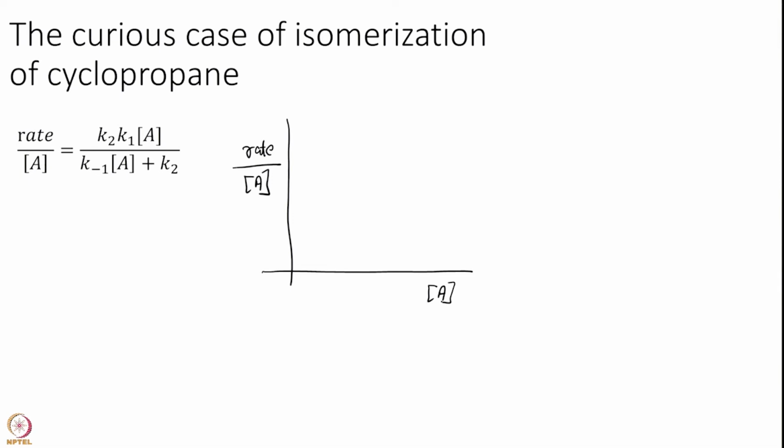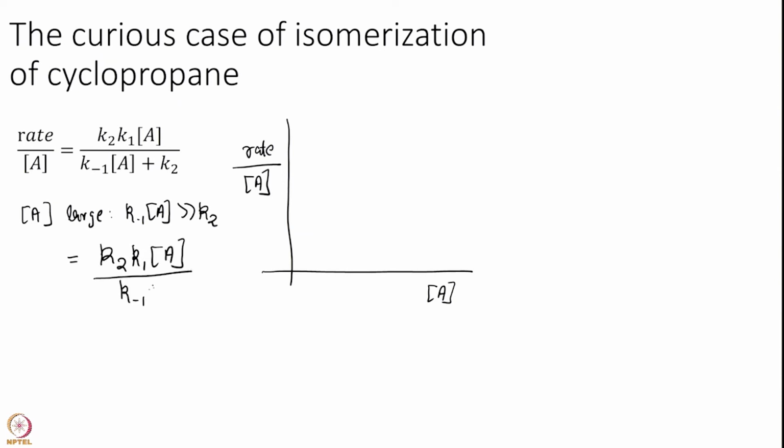One, when A is very large, in that limit I will assume it is much greater than K2, so that I will ignore K2 in the denominator. So, in this limit I get something that is independent of A. So, at large A I get a flat curve which is equal to K2 K1 over K minus 1.